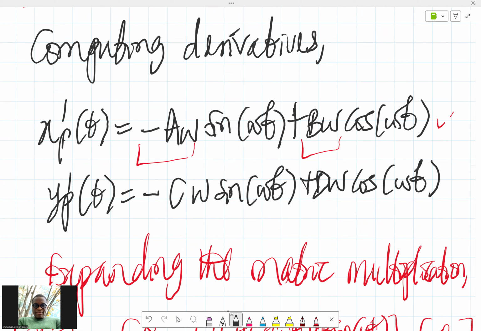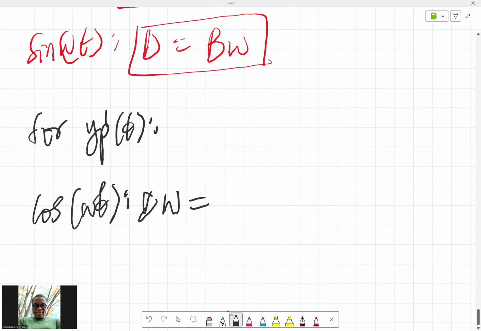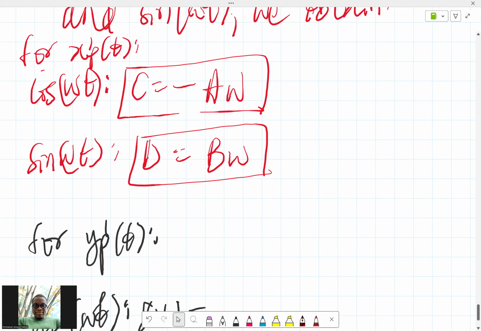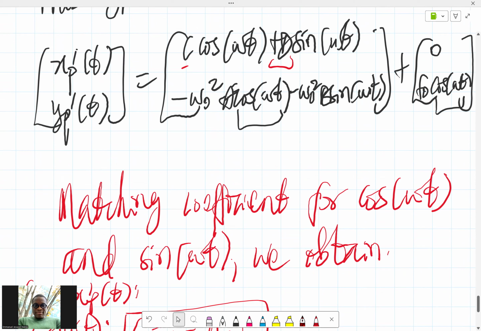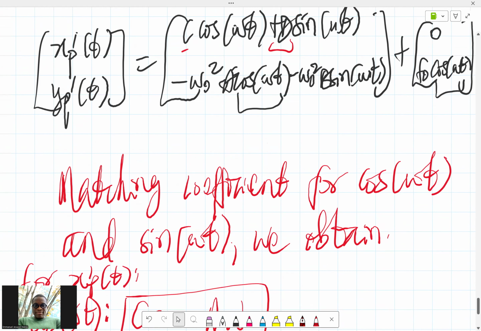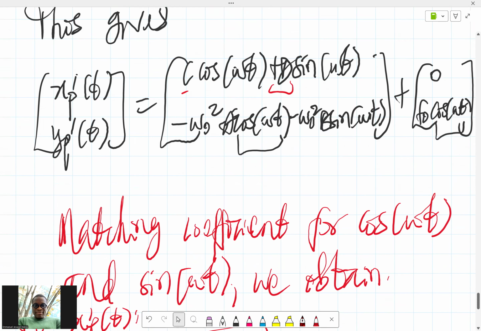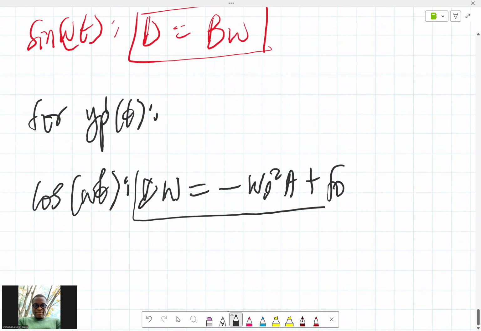So d omega is equal to minus omega naught squared a plus f naught. These are the coefficients of cosine, right?